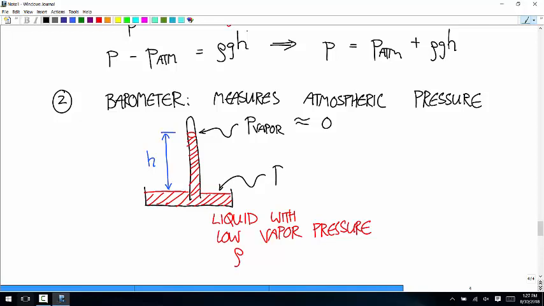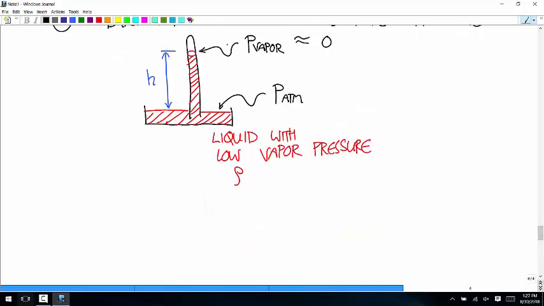Atmospheric pressure, yep. And so P atmosphere minus P vapor, which I'm going to say goes away, is equal to the density of the liquid, the mercury, times g times h.